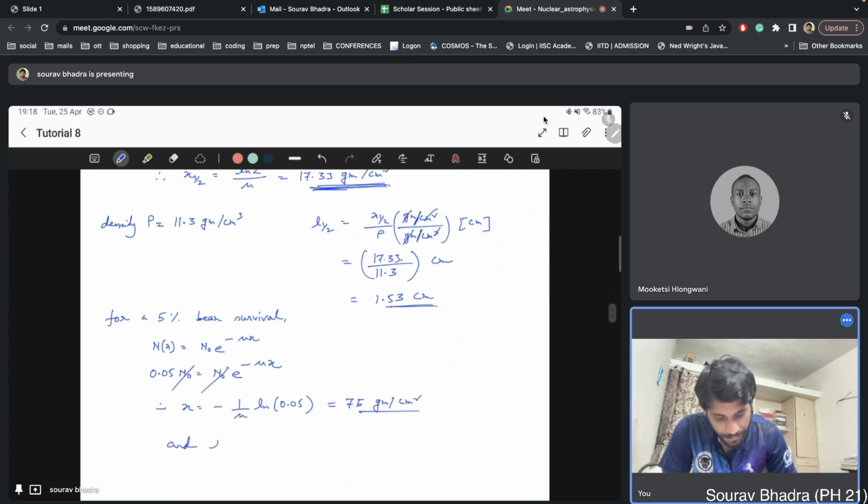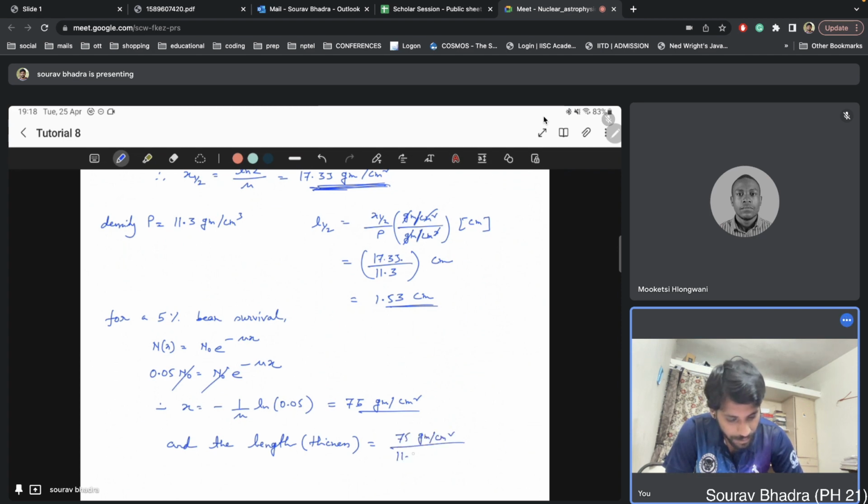and the length or the thickness will be this 75 gram per centimeter square divided by the density as before, gram per centimeter cube, which will give you 6.63 centimeter.